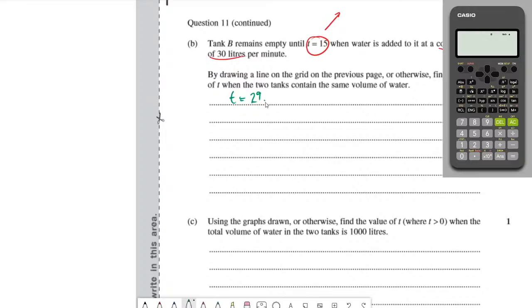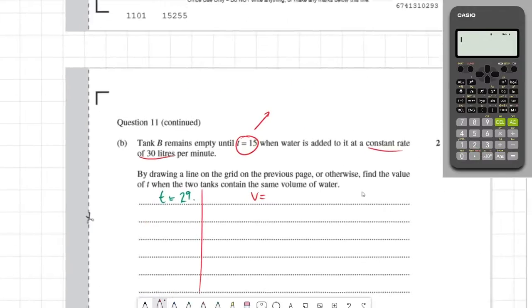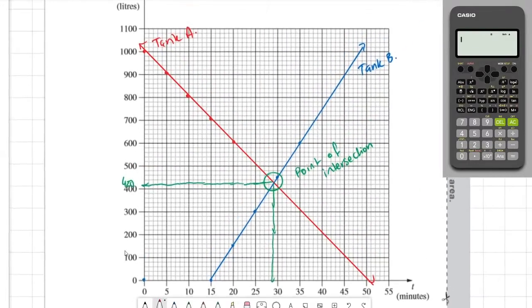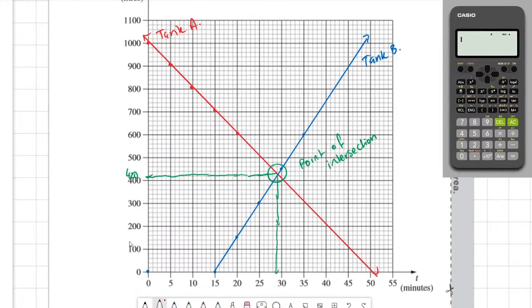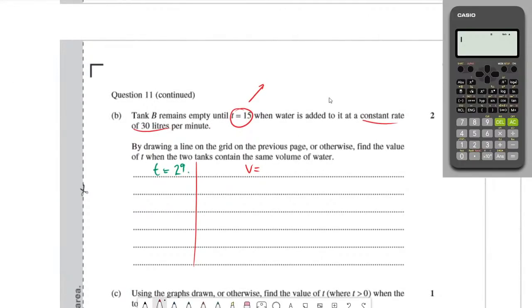Now if you wanted to solve those simultaneously, which is the other method, it's probably going to give you a more precise answer. Setting up the first equation, well, they tell you what it is. It's 1,000 minus 20T. But the second equation is actually a little bit different.